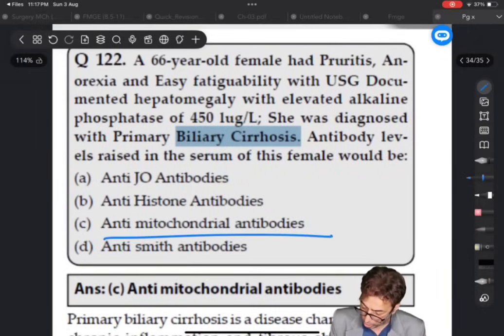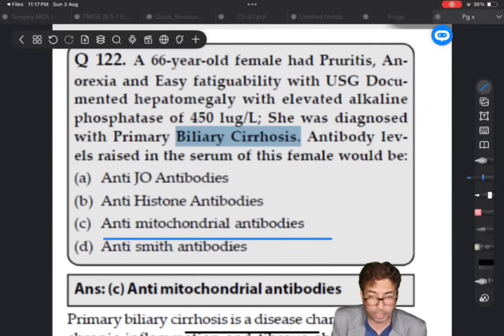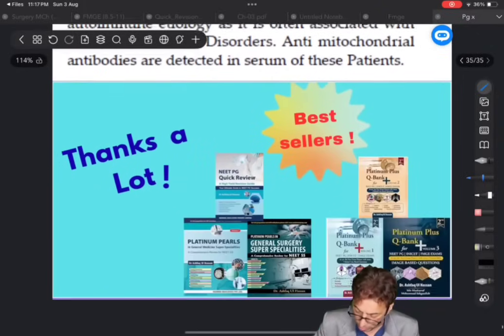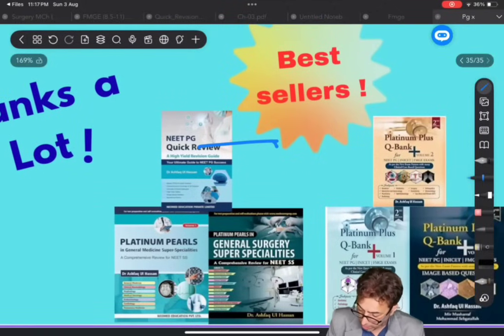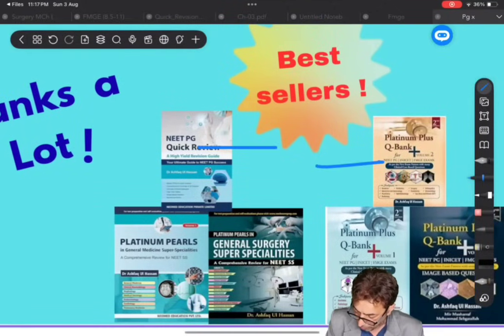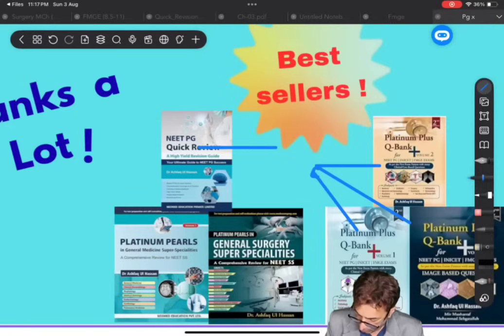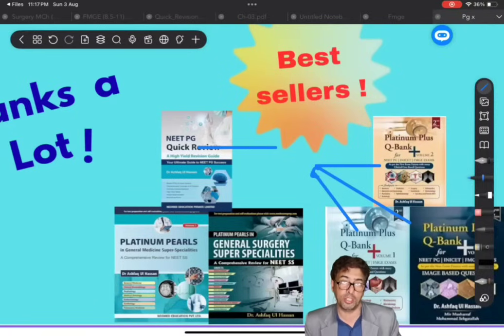Then primary biliary cirrhosis, just association with mitochondrial antibodies. That's it, AMA, and the question winds up there. So again, I would not underestimate Neet PG QR, Platinum Q, Volume 1, Volume 2, and image based. I wish you the best of luck in your results, and thanks a lot.